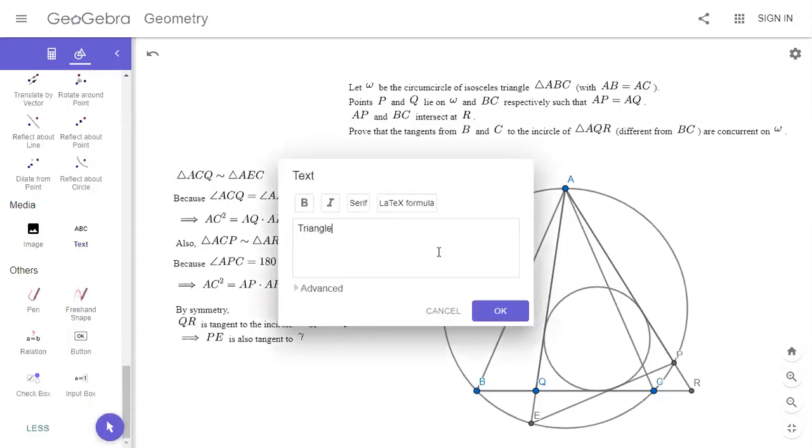So triangle AEP is inscribed in omega and circumscribed about gamma.